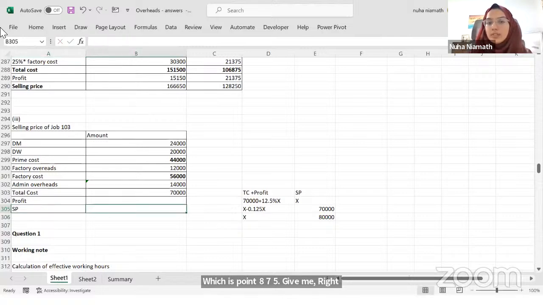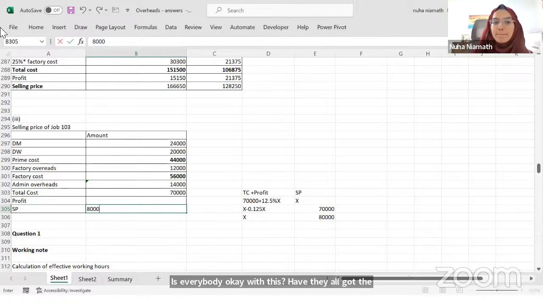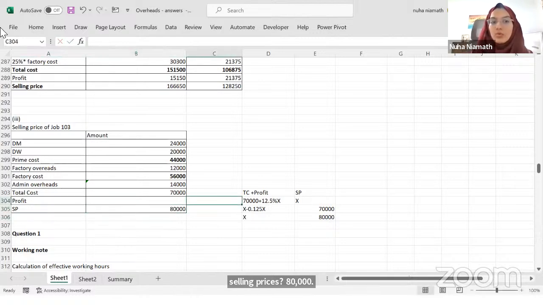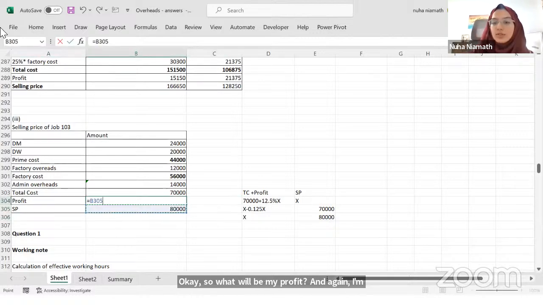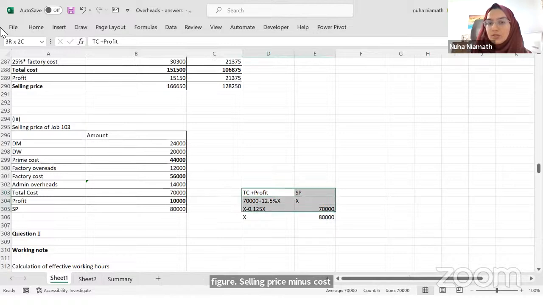Is everybody okay with this? Have they all got the selling price as 80,000? Okay, so what will be my profit? It will be my balancing figure, selling price minus cost. Is this okay, everybody?